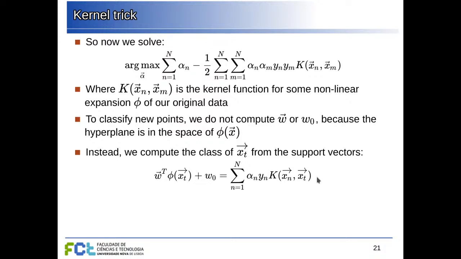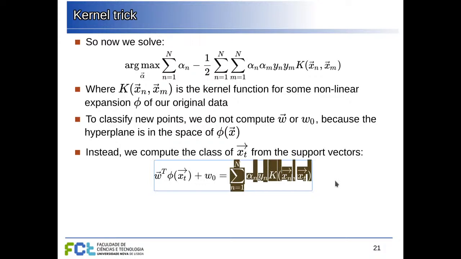So when we are using the kernel trick, we can implicitly expand our data to a much higher dimensional space. It can be potentially infinite. We don't need to actually compute explicitly the discriminant. We just need to identify the support vectors and then use the support vectors to classify any new point.